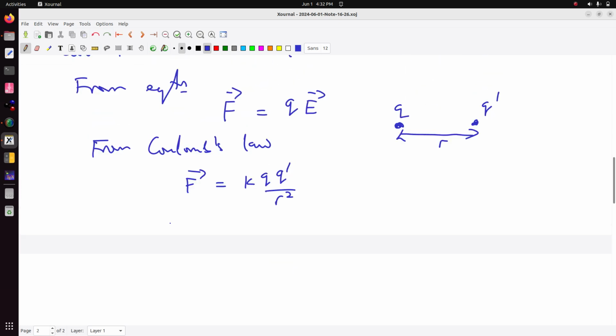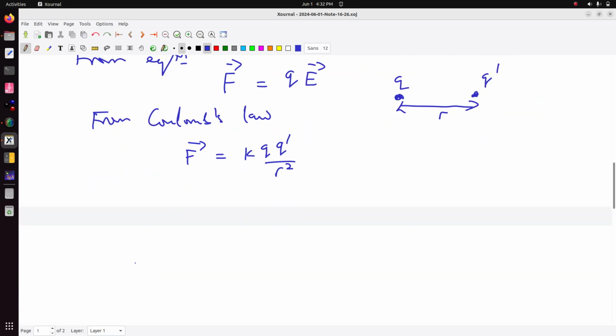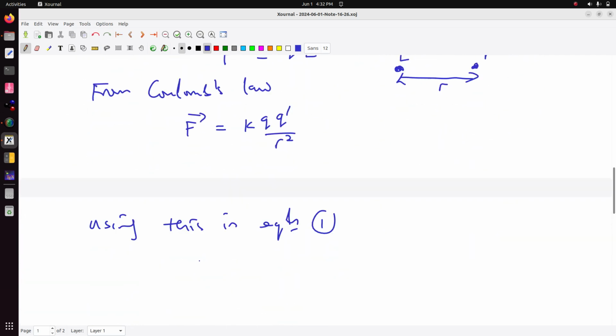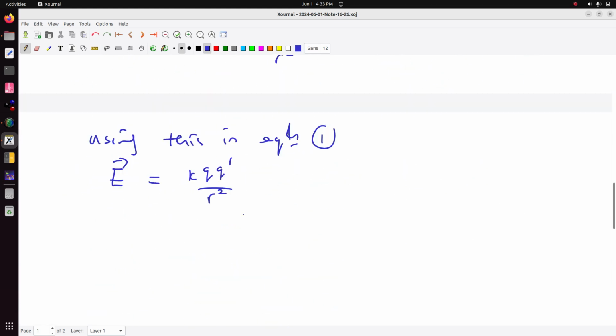Now, using this in equation 1, equation 1 is E equals force per unit charge. So instead of putting F, we put KQQ prime over R squared divided by 1Q.